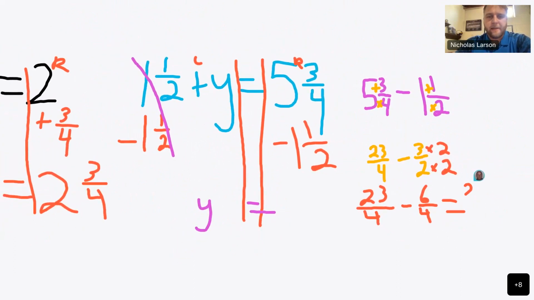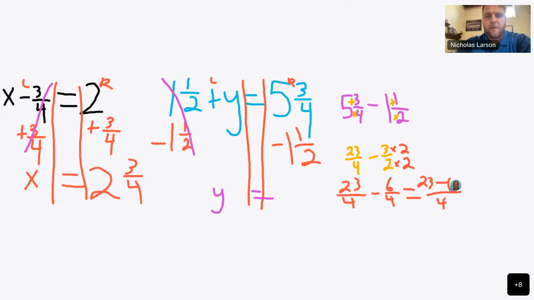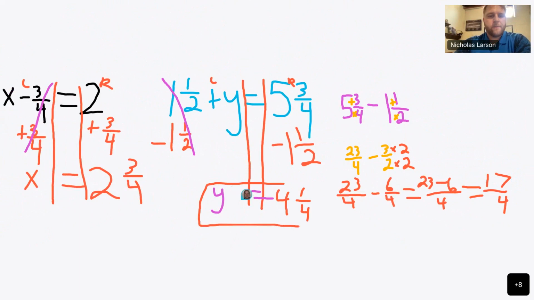Jacob, what is it? 17. 23 minus 6 over 4 is 17. Awesome. Which means we have to figure out how many 4s go into 17. So I'm going to count 4, 8, 12, 16, and then I have 1 4 left over. So 4 and 1/4. Awesome.